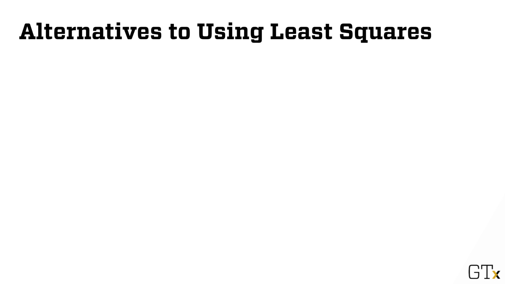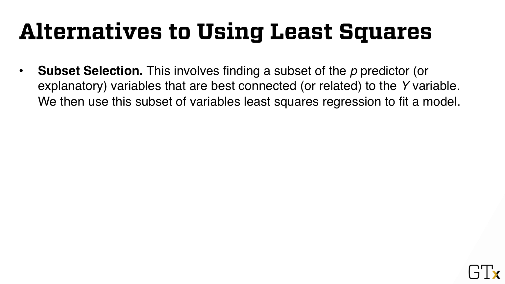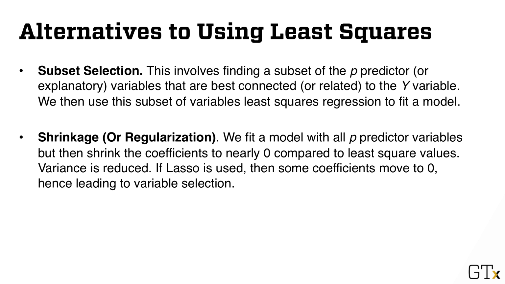There are alternatives to using least squares, which include subset selection, which we are going to see. This involves finding a subset of the p predictors that are best related to the y variable. We then use this subset of variables in least squares regression to fit a model. Then there is shrinkage or regularization. We fit a model with all p predictor variables, but then shrink the coefficients to nearly 0 compared to least squares values. By doing this, variance is reduced.